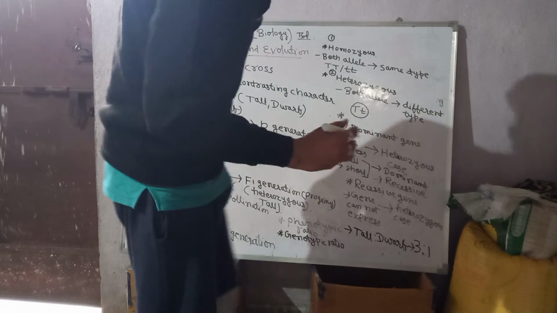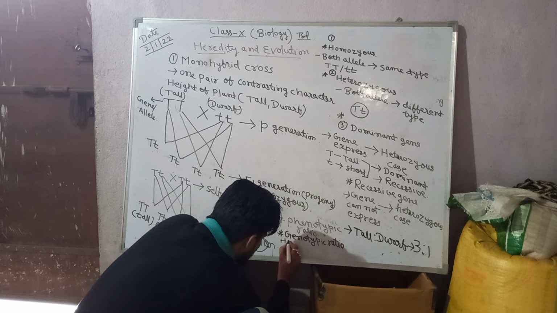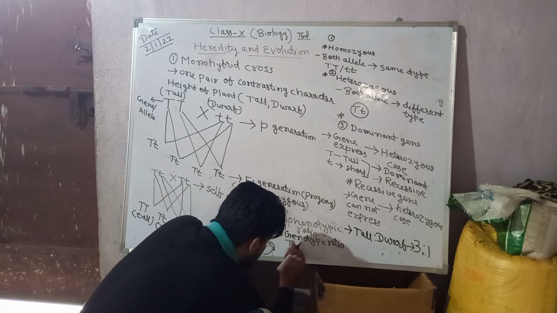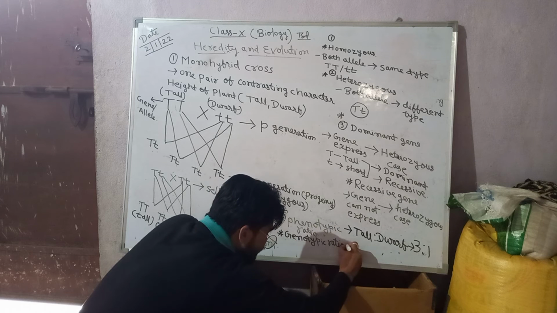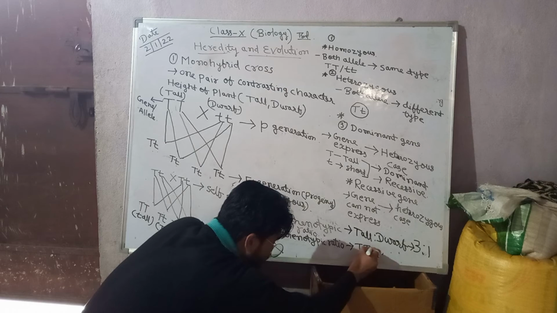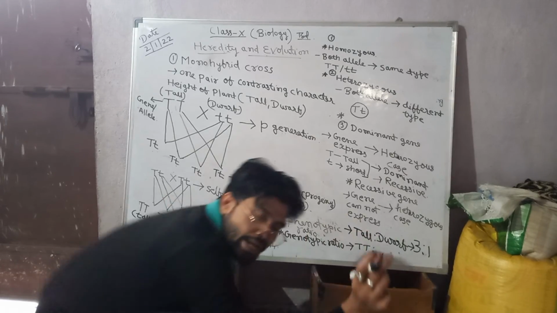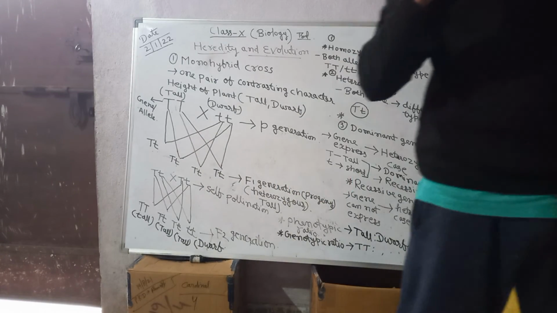So here you are observing that capital T, capital T, both are the homozygous tall. Here I am writing, my dear student, that this one is the homozygous, capital T and capital T. After that, one is capital T and the second one is the small t, so heterozygous condition.